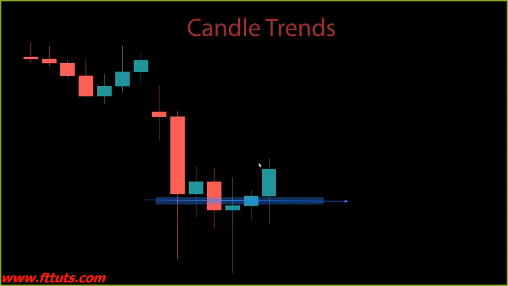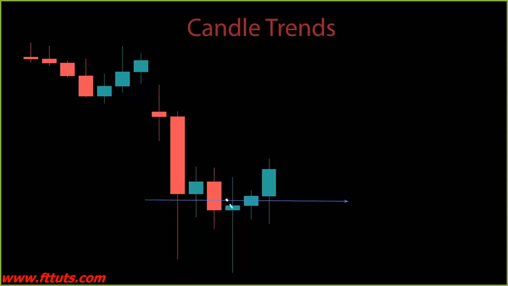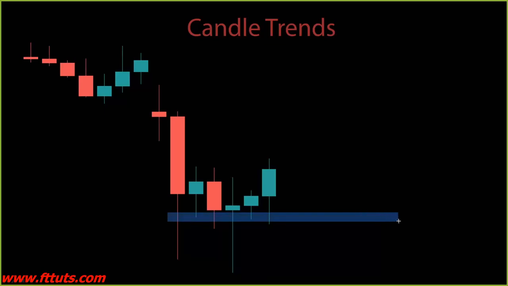So let's assume we missed that trade, and now if we are creating a support over here, what's going to be the probability? Now since price is, let me just remove this here. So since we are creating a support down here, what's the probability for price to continue to go up?